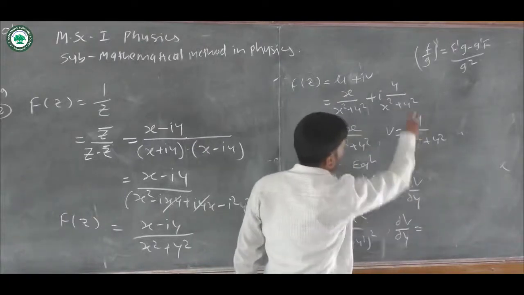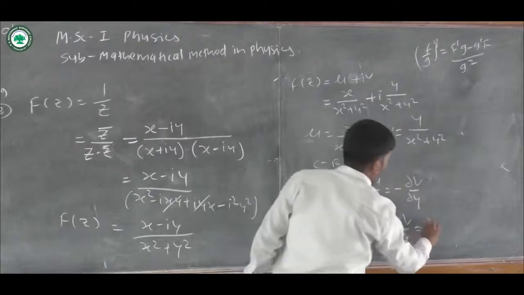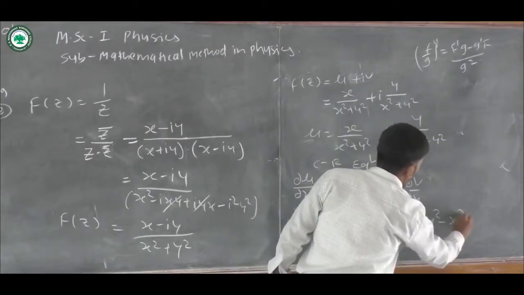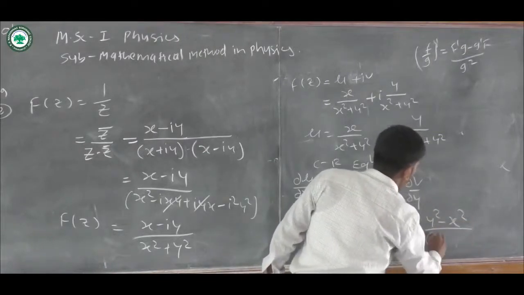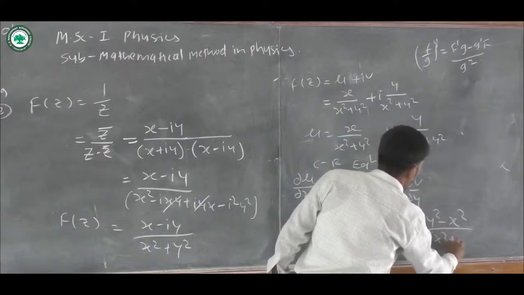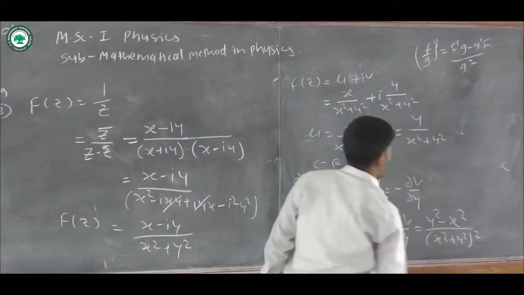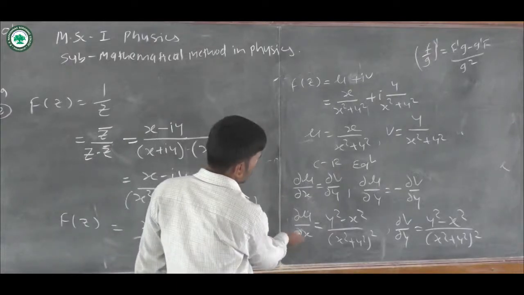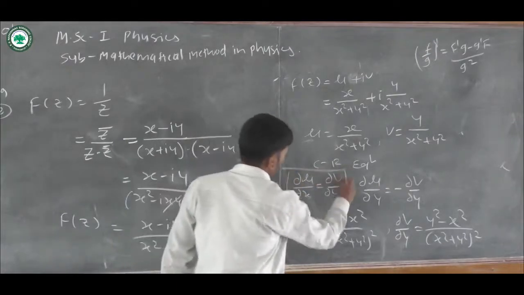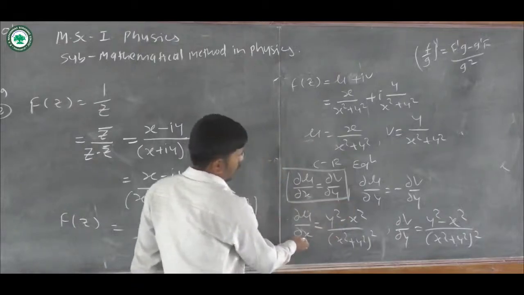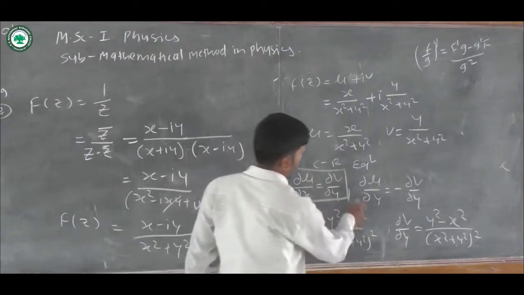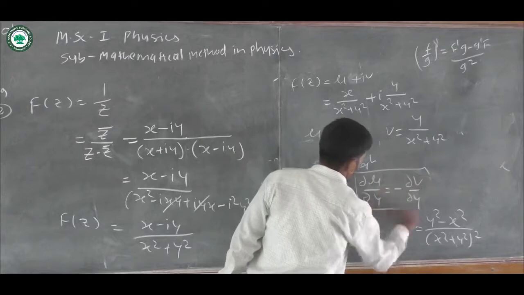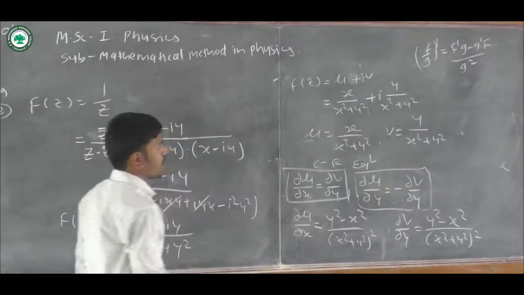Okay, applying the same rules, that is also y square minus x square divided by x square plus y square whole square. Okay, so the first condition, it exists. Now we try the next condition.